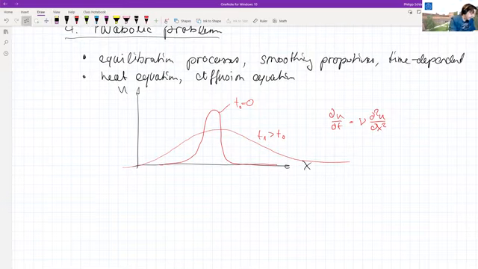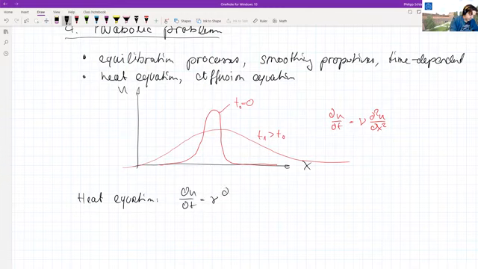Let's maybe just start with this diffusion equation and try to formally calculate the eigenvalues and eigenvectors, just to understand whether a heat equation is in fact a hyperbolic problem or not. So let's take the heat equation, du/dt is nu times d squared u/dx squared.